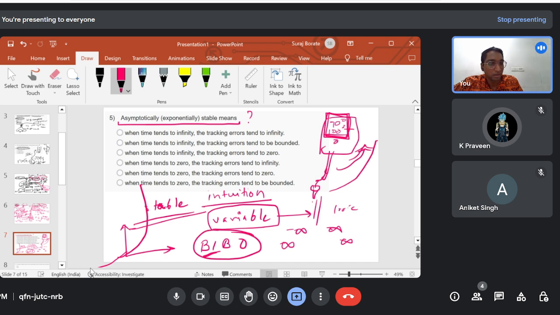So for example, let's say that there is this block that is kept on ice, and you apply some force F equal to 1 Newton. What will happen to the position of the block and the velocity of the block? It will become infinity, right?